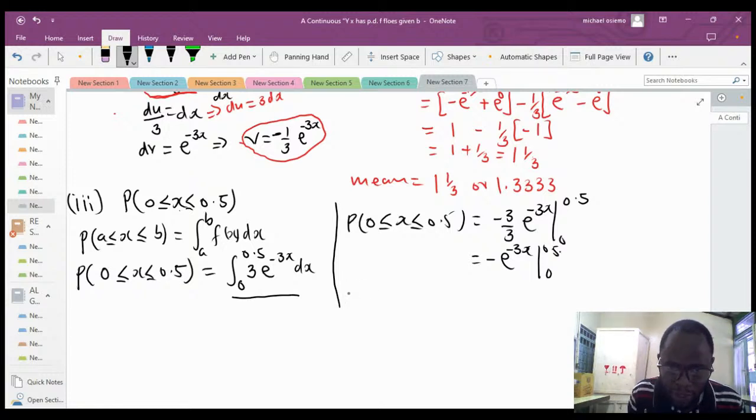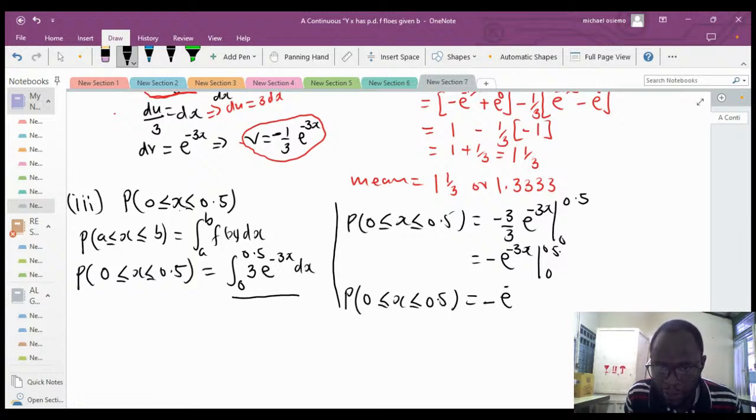So the probability for x running from 0 to 0.5 is equal to, we substitute 0.5 first, so we shall have negative exponential negative 3 times 0.5. Then we minus minus, so it becomes plus exponential raised to the power negative 3 times 0.